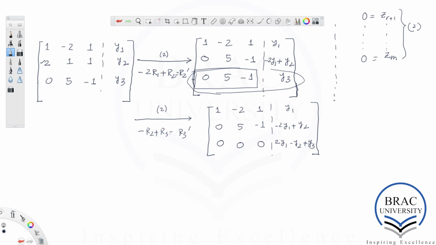For this system to be consistent, we want this entry to be 0. So 2y1 minus y2 plus y3 is the condition of consistency of this system.